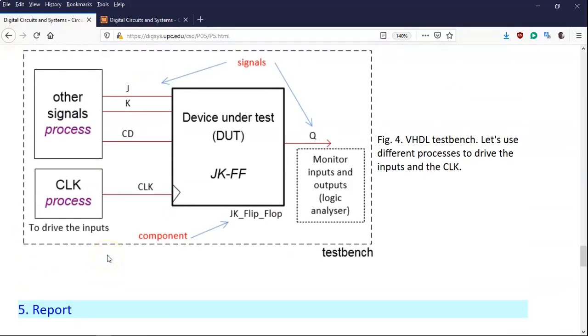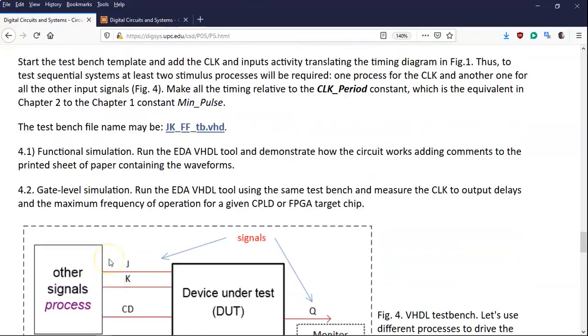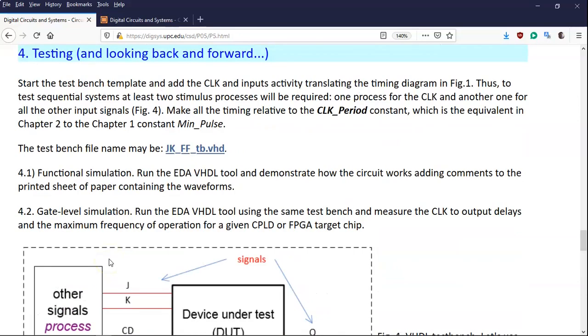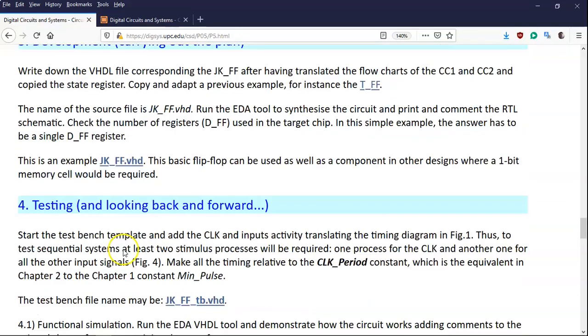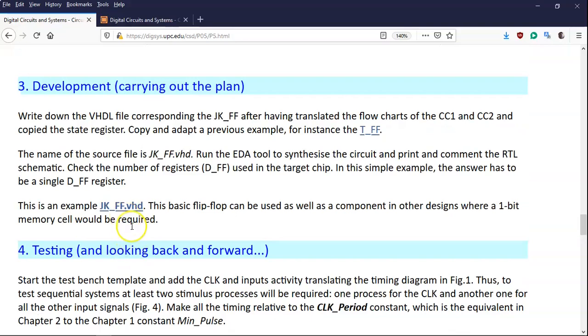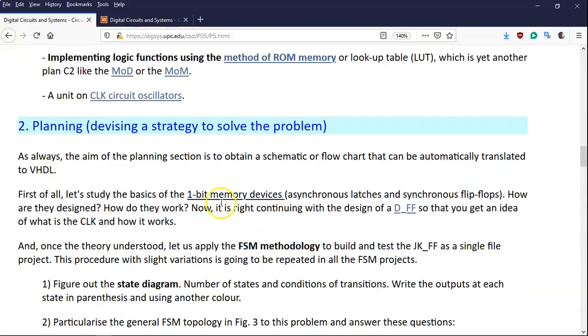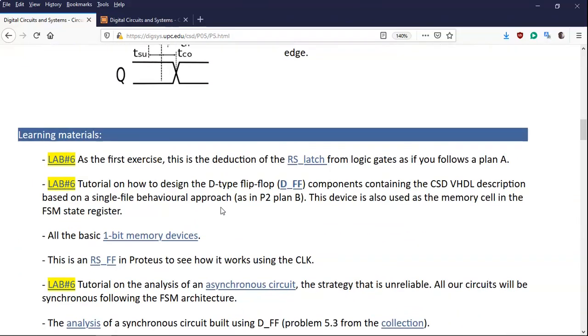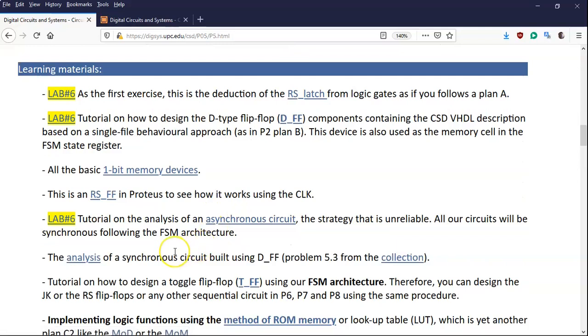So this is, for example, one way to start the problem. All right, this is what I recommend to you. In this way you go back and get in touch with, for example, the VHDL tools. Another way to do that is to go and run some example in Proteus, for example.